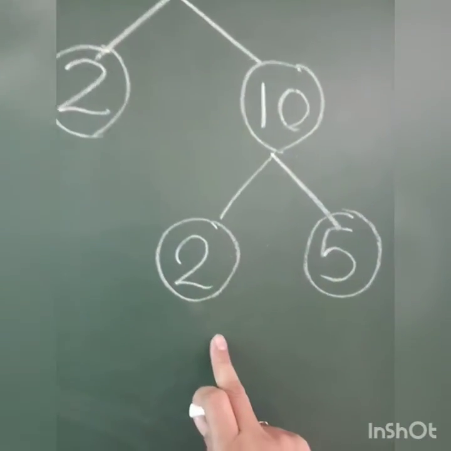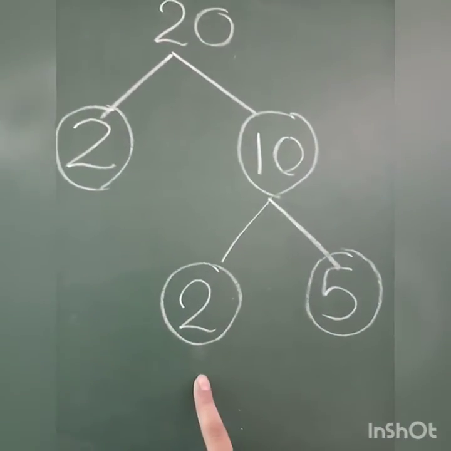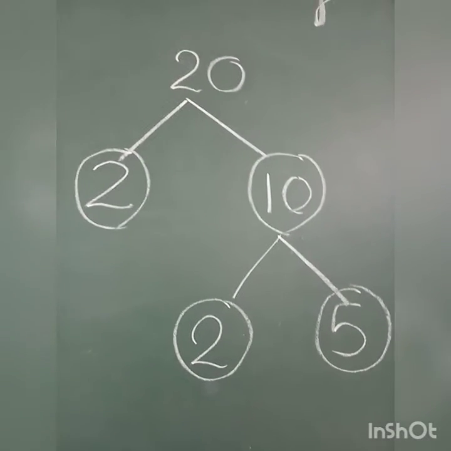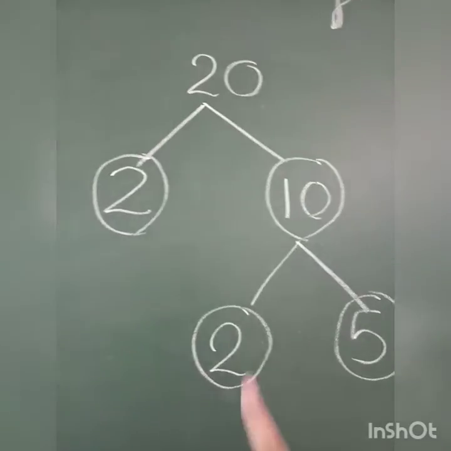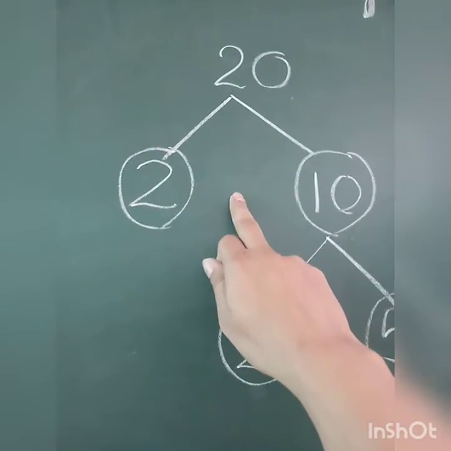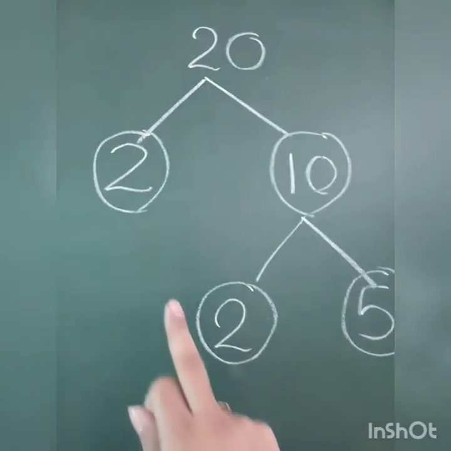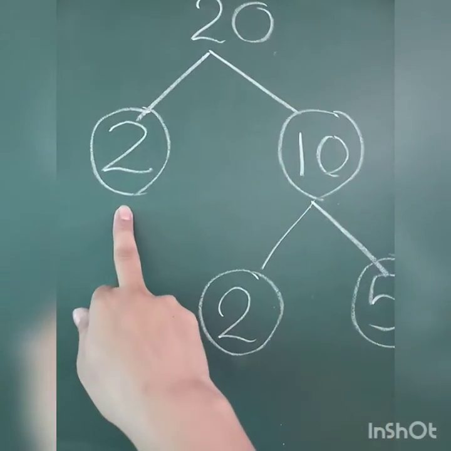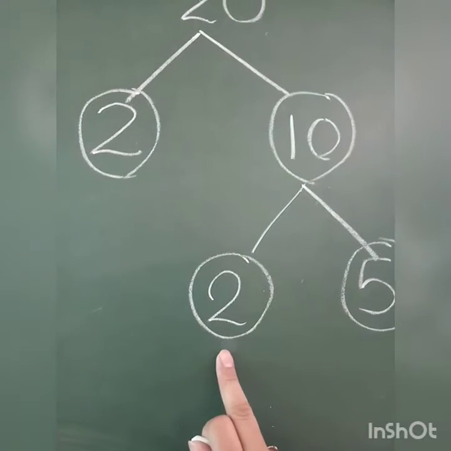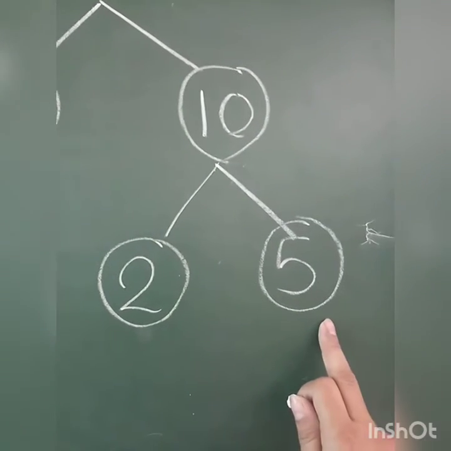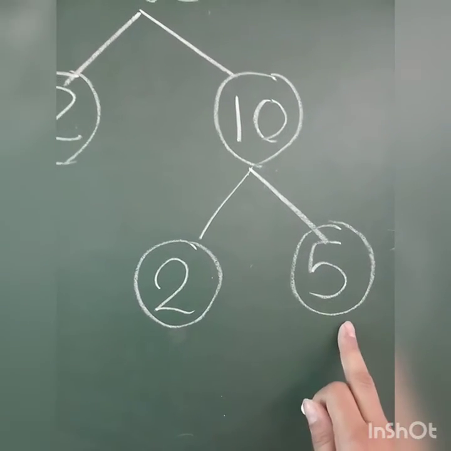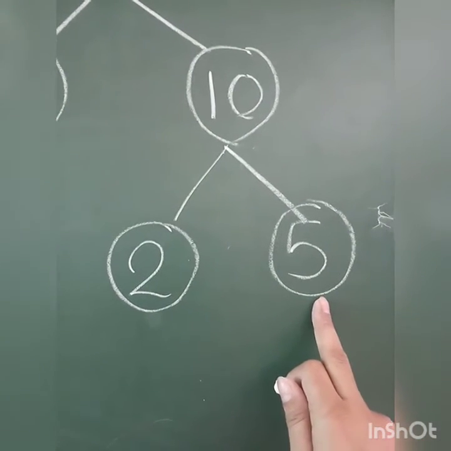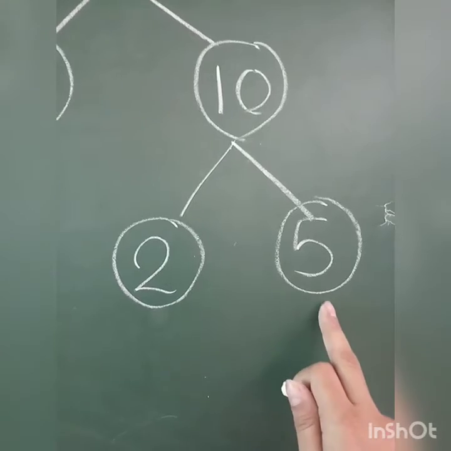Now you see, according to the condition I explained before, we have to factorize a composite number till we get all factors as prime numbers, right? Here 2 is a prime number. Again 2 is a prime number, and the last factor is 5, that is also a prime number. Now this 5 is not divisible by any other number.